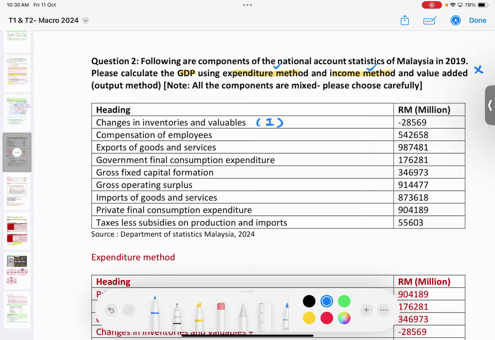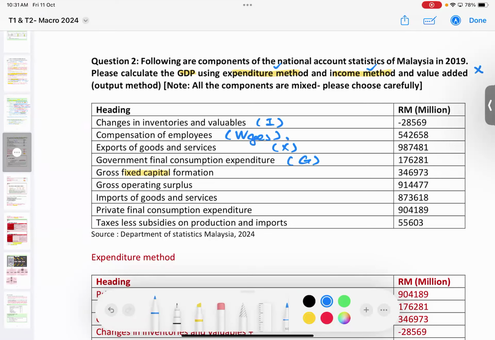Compensation of employees is your wages. You write it like this. Exports of goods is X. Government final consumption expenditure is government spending. Gross fixed capital formation, what is that? Fixed capital, machines, equipment.